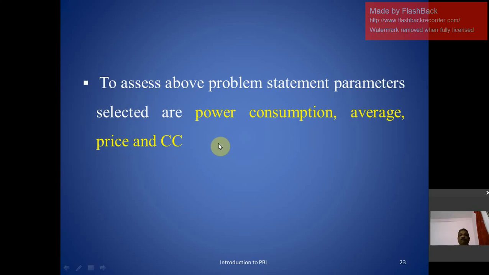To assess the above problem statement, the parameters selected are power consumption, then average of the vehicle, price of the vehicle, and cc of the vehicle.